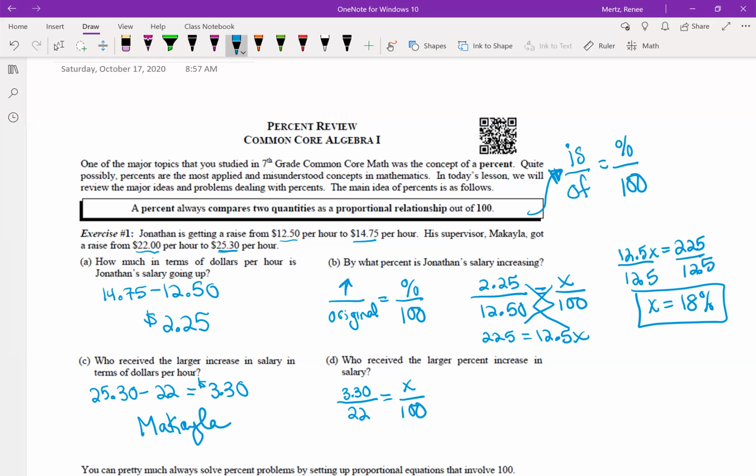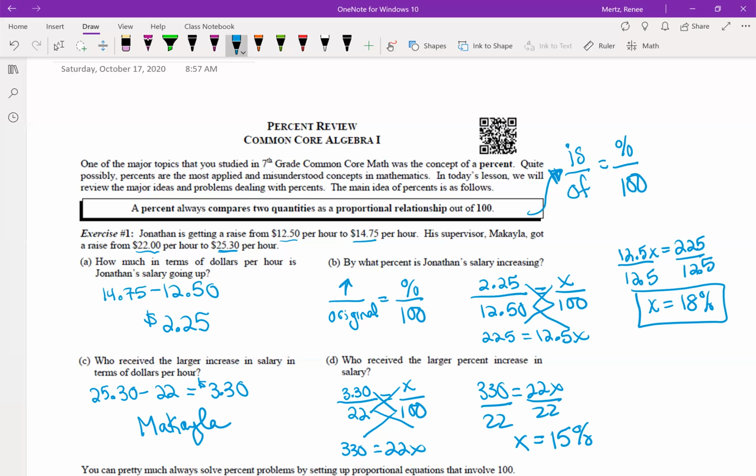So we're multiplying those, bringing it down, multiplying these, bringing it down. So 330 equals 22X. So 330 divided by 22, what are you getting? Good, 15%.